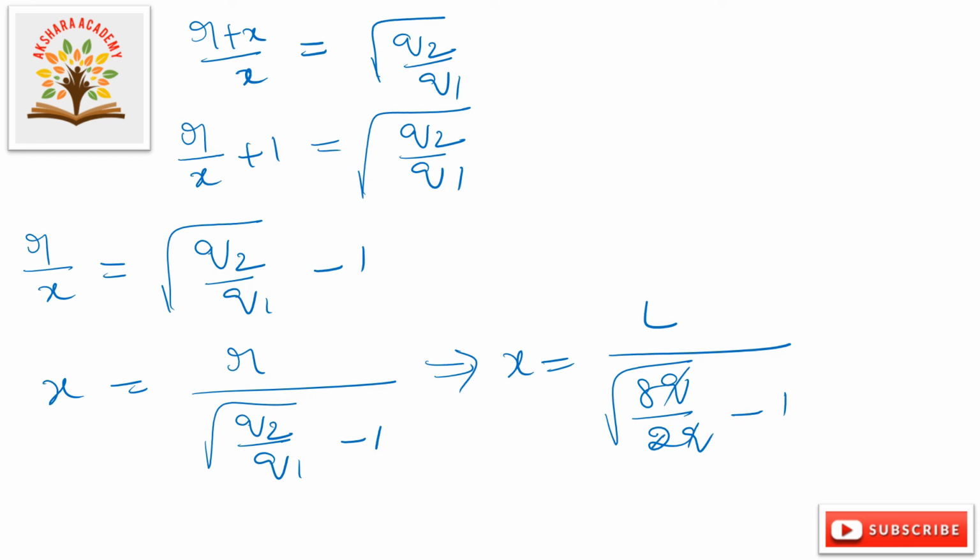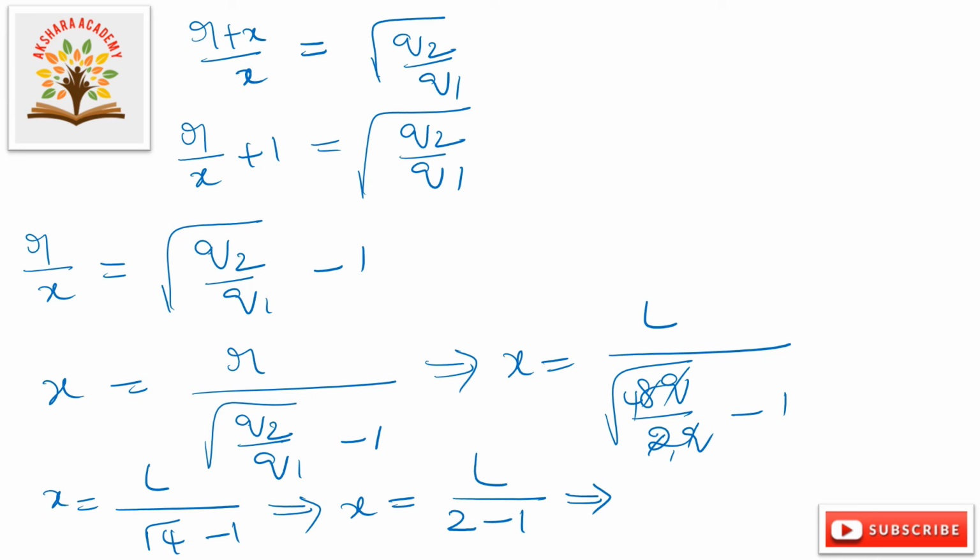Now substituting values, x is equal to L by root of 8q by 2q minus 1. q cancels, 2 ones are 2, 2 fours are 8. So x is equal to L by root 4 minus 1. So this implies x is equal to L by 2 minus 1, root 4 being nothing but 2.